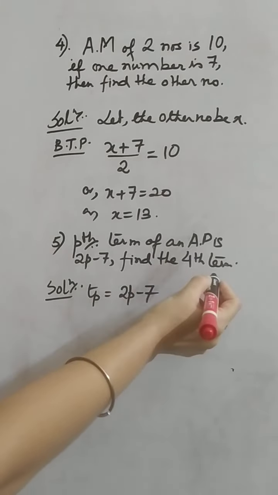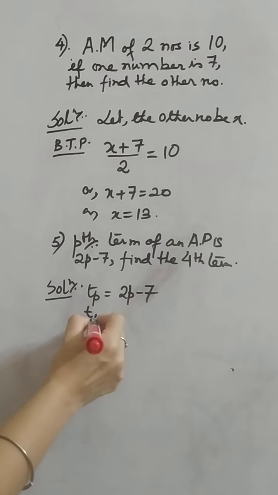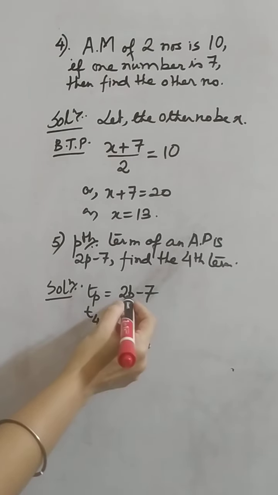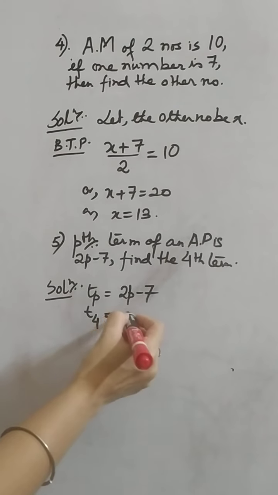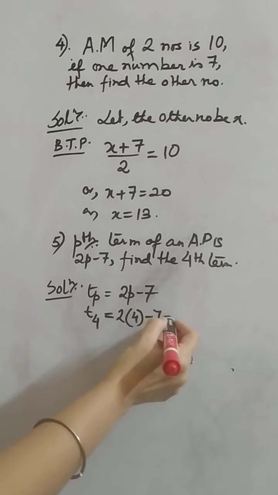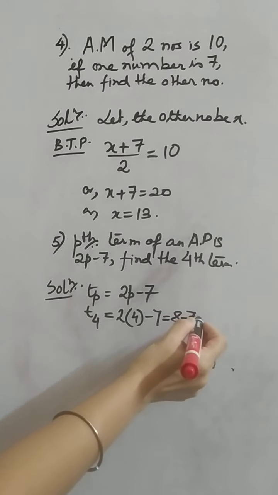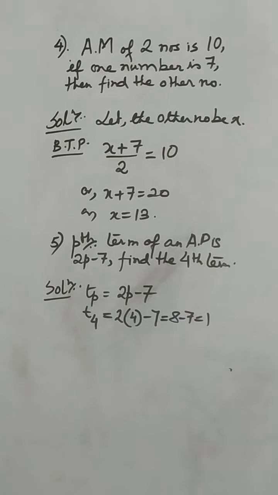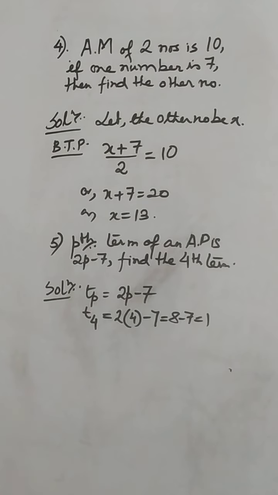We have to find the fourth term, that is T4. So if you replace p by 4, we get the fourth term. 2 into 4 minus 7, that is equal to 8 minus 7 equal to 1. So the fourth term is 1. Now let's move on to the sixth problem.